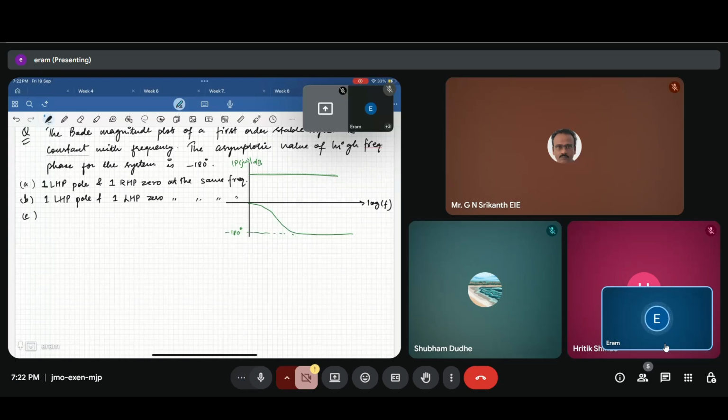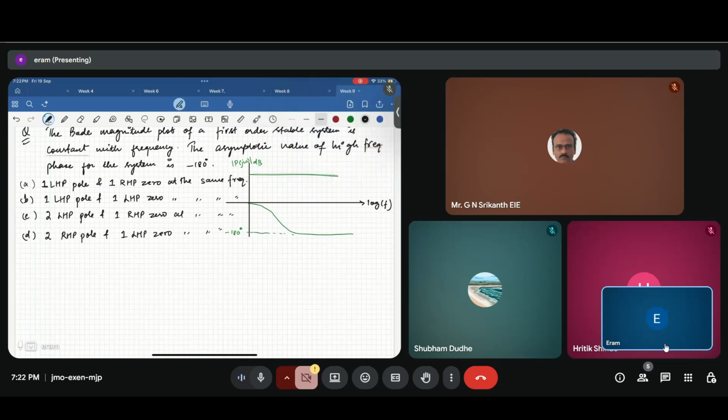Option C is, we have two LHP poles and one RHP 0 at the same frequency. The last option is, we have two RHP poles and one LHP 0 at the same frequency.